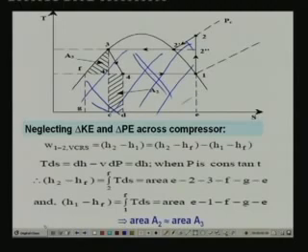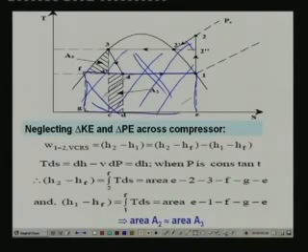H1 minus HF is the area under the curve 1 to F. 1 to F is an isobaric process, so again H1 minus HF is equal to integral TdS, temperature remaining constant, which is the area under curve 1 to F on the TS diagram, equal to this rectangular area.